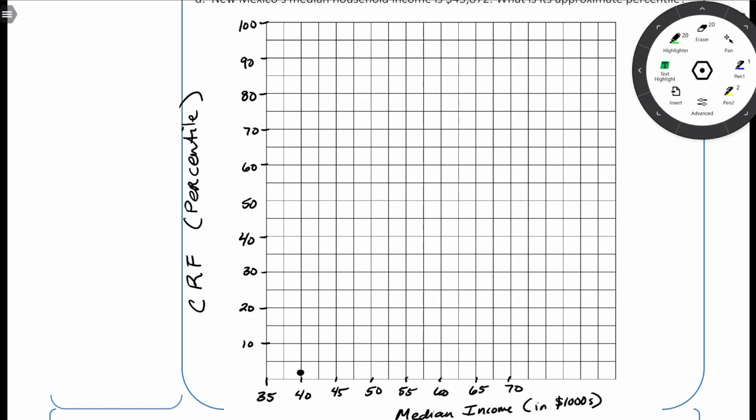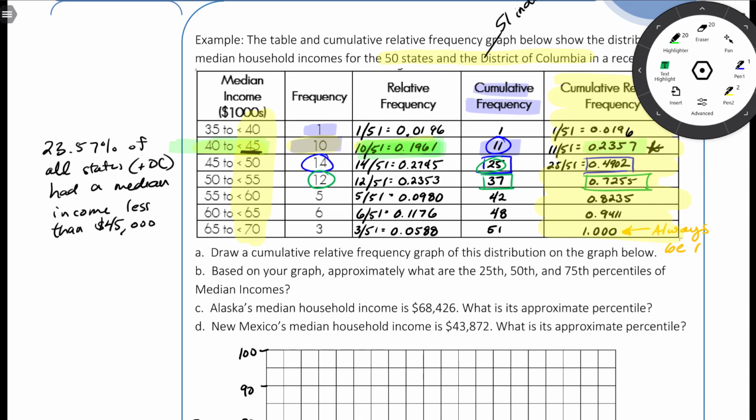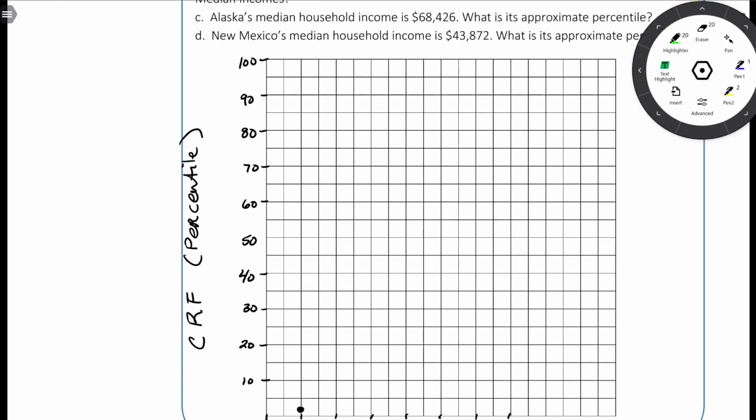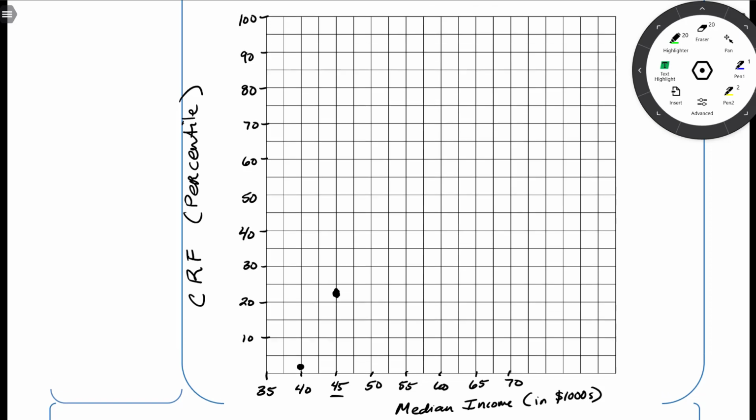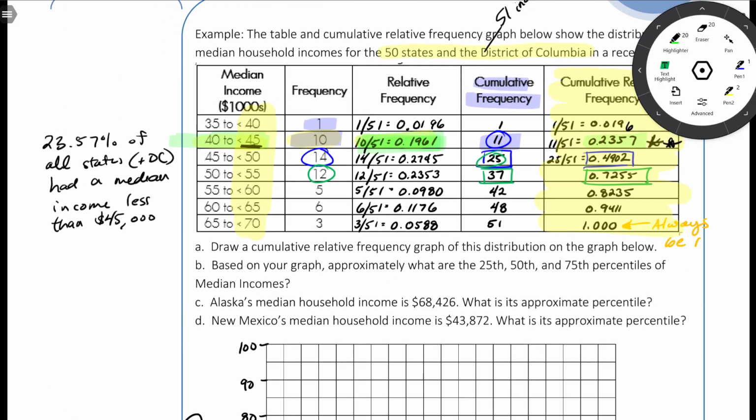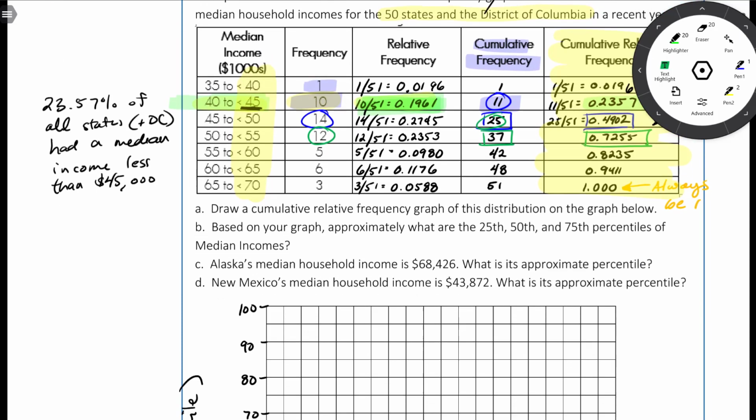Next, we look at how many states had less than $45,000 for their median income. That is found here, 0.2357. So we graph 45, 0.2357, which is about 23.57%, and that's right about here. Next, how many states made less than $50,000? That's this one, 0.4902.